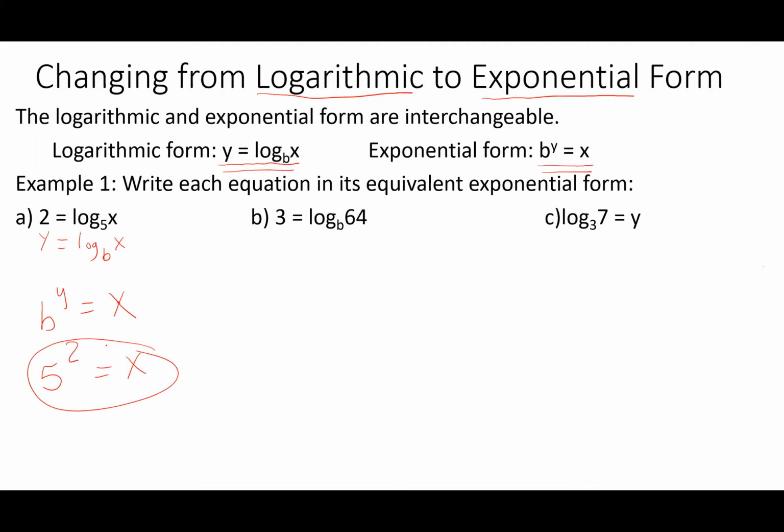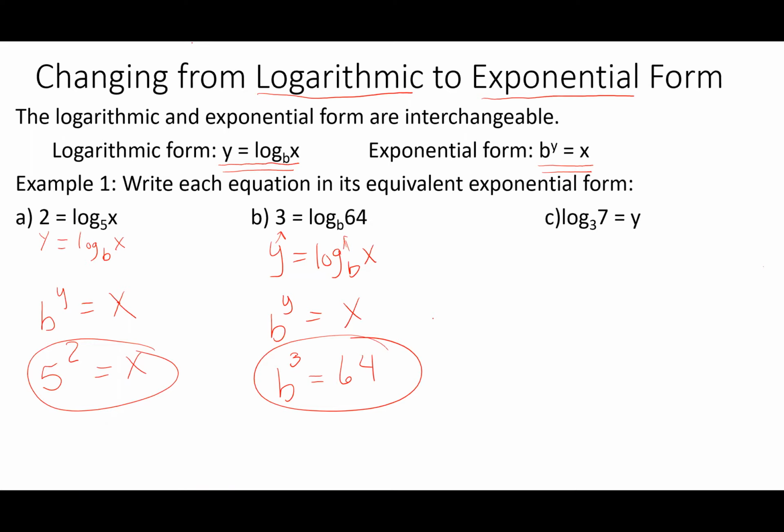So y equals the log base b of x. So b to the y equals x is what I'm changing it to. My b is b, my y is 3, and my x is 64, and you're done.